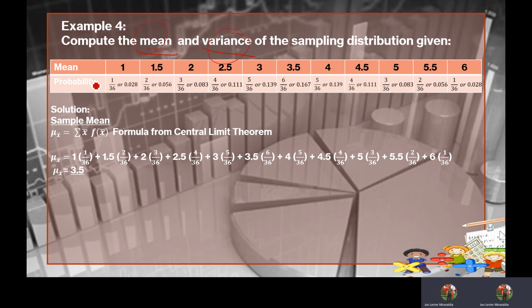So, ano ba yung mean natin? 1, minultiply siya sa, para lang siyang ganito. 1 times 1 out of 36. So, yung result dito, ipa-plus mo doon sa result nito. So, 1.5 multiplied by 2 over 36. Tapos, yung makukuha mo dito, add mo ulit dito sa nakuha mong product nito. So, 2 times 3 out of 36. Yung makuha mong product.